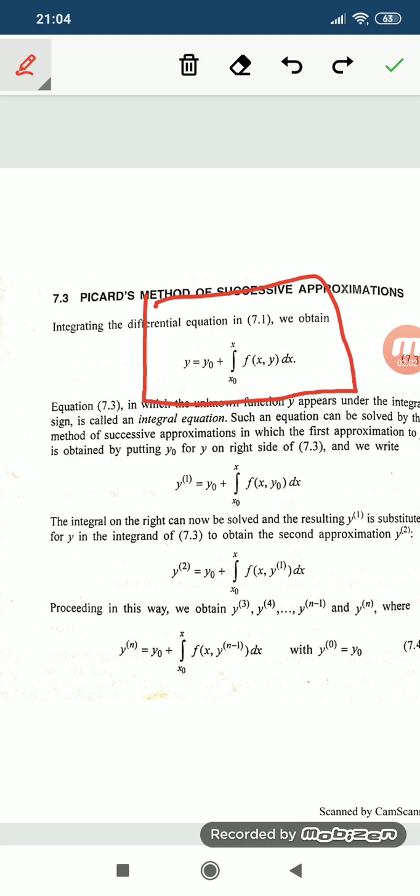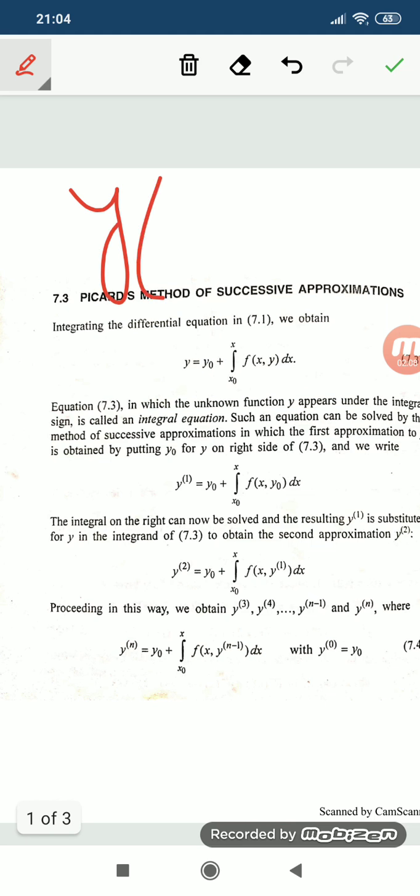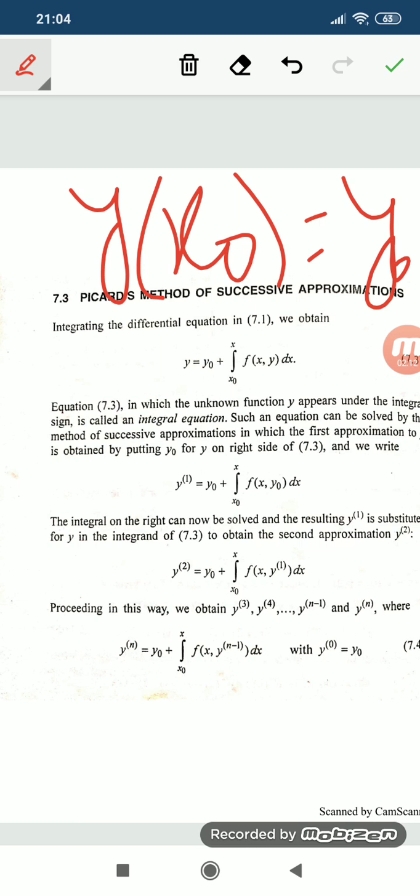Now how to begin the method? To begin with, we will first use the information that is given to us. That means we are given y at x naught is equal to y naught. So in place of y, we will substitute y naught, carry out the calculations and find our first approximation.